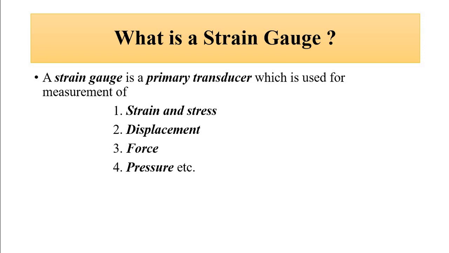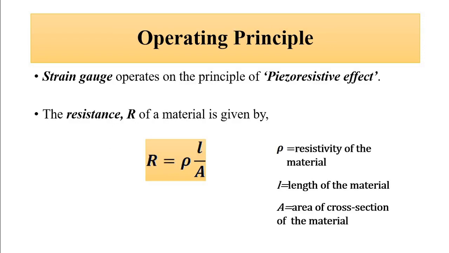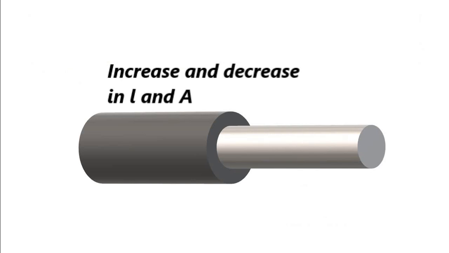So the basic operating principle of strain gauge is based on the piezo-resistive effect. We all know the resistance of a material is given by R is equal to rho L by A, where rho is the resistivity of the material, L is the length, and A is the cross-sectional area.